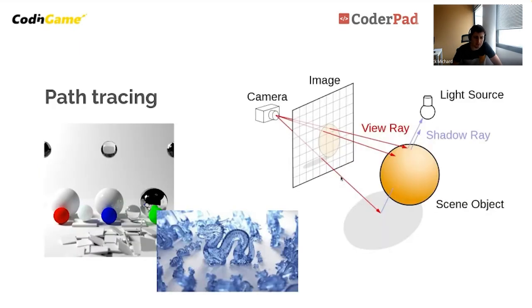So first, talking about path tracing. What is path tracing? Path tracing is a subset of what we also call ray tracing. The idea is to generate photorealistic images. And by photorealistic, I mean we will try not to break the laws of physics, and the physics of light itself, to generate these images.